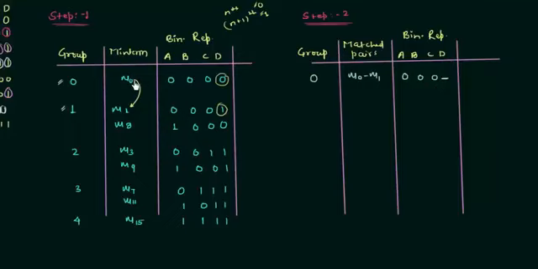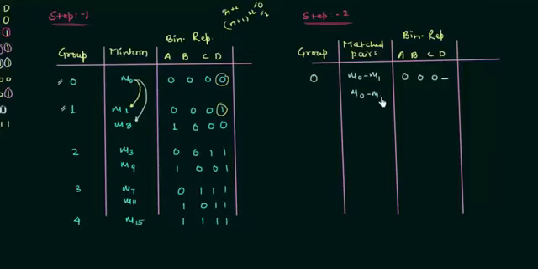Now we will compare M0 with M8, because we have to compare each and every min term of the nth group with the min terms of the n plus 1th group. And when we compare M0 with M8, we can see B, C, D are 0, but A is 0 and 1. So this is again a matched pair.